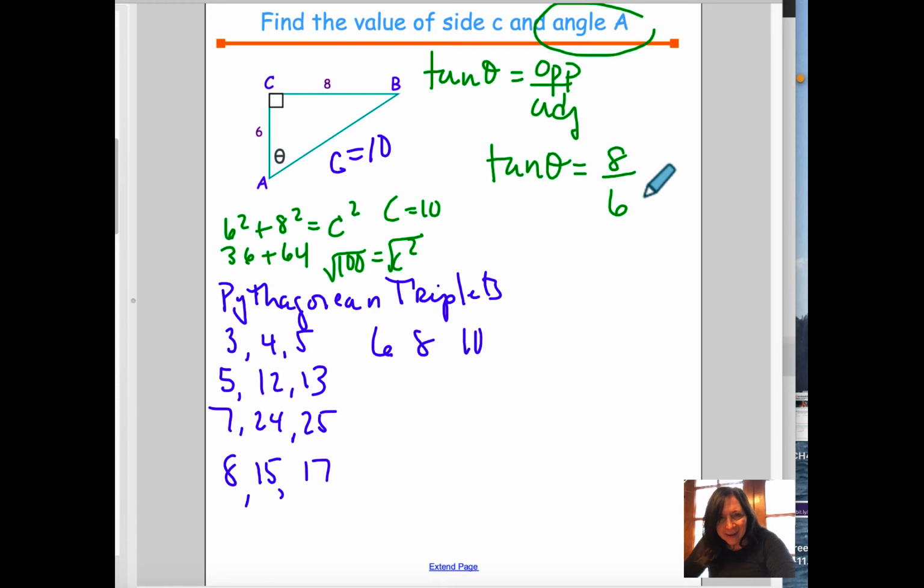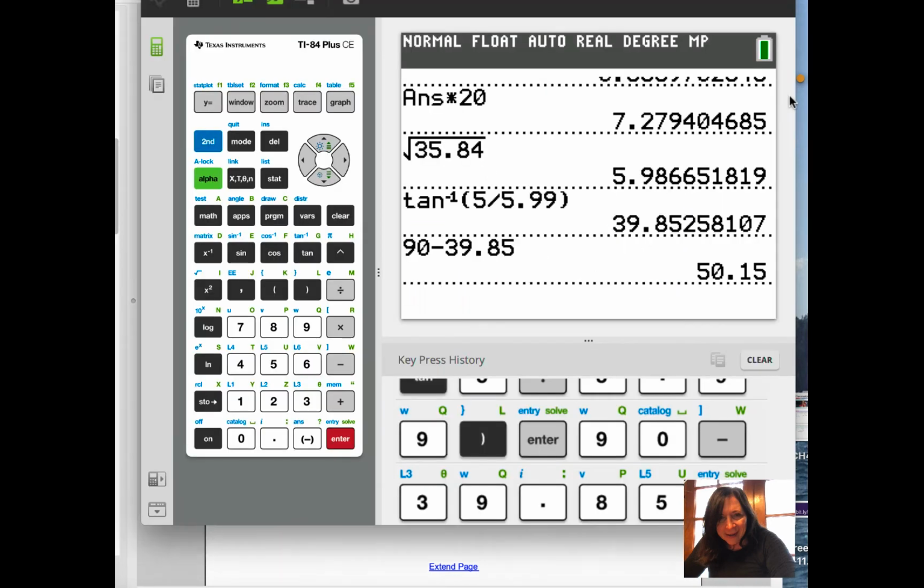And again, if they were asking you to find also the other angle, which is up at the top, which they didn't ask us, but if they were, let's call that alpha, just for fun. So to find alpha, I would go 90 minus my answer theta. And so that would be 90 minus 23.96. That's theta.